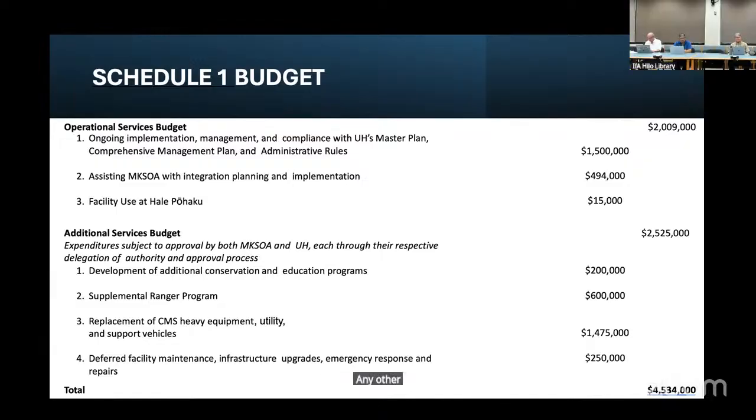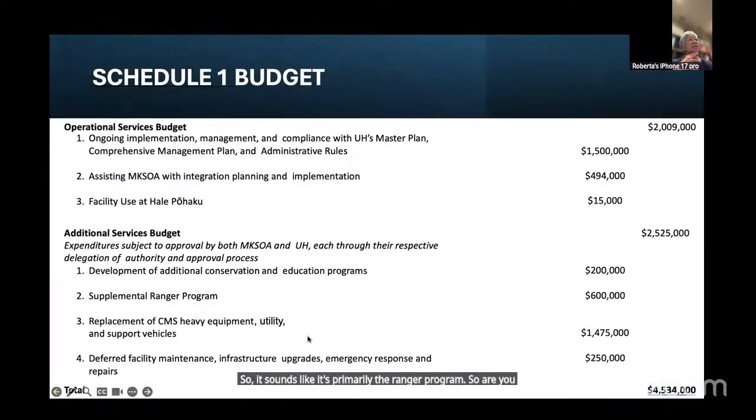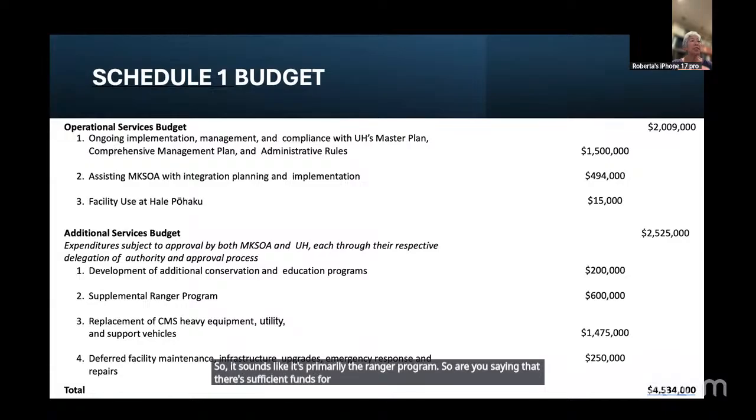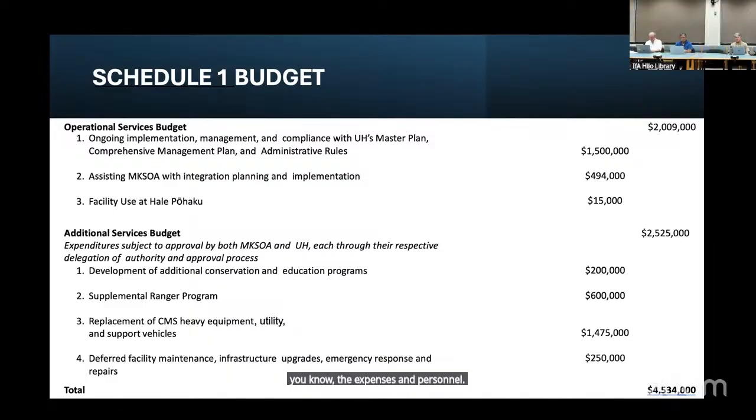Any other questions? So it sounds like it's primarily the ranger program. Are you saying that there are sufficient funds for Justin and you and Nahua and just the regular expenses and personnel? We receive funding from Bonnie for myself, Justin, Nahua, Joy, and Kaleo.